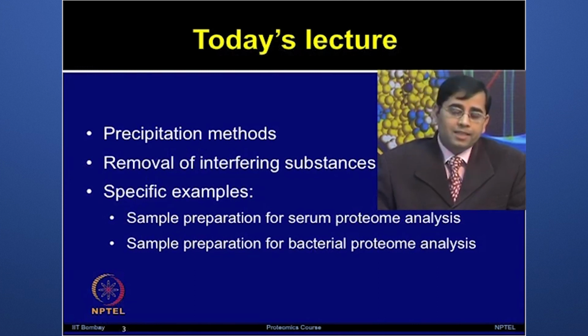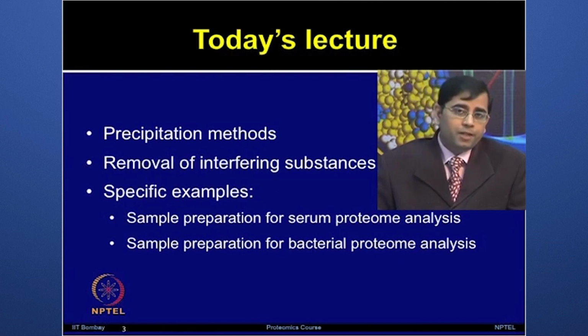These small substances interfere during proteomic applications, whether they are salt or nucleic acid or other types of contaminants. Often they totally waste the whole experiment if you do not remove them in the beginning. So, I will talk to you about some of the commonly interfering compounds and how one can try to get rid of them.